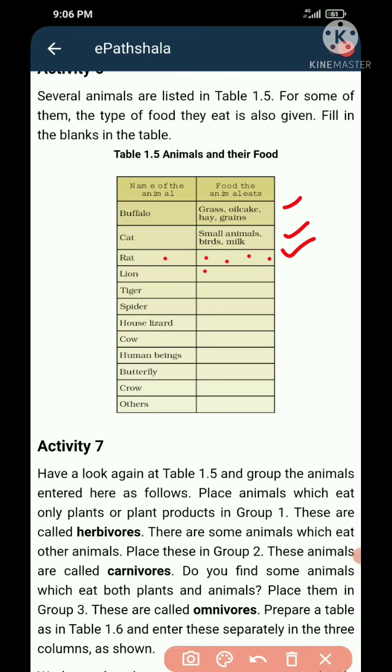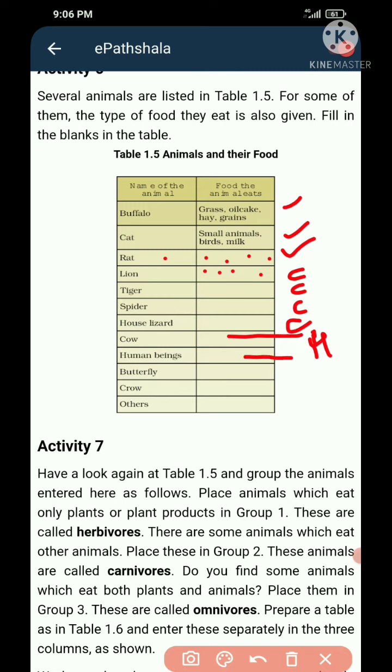Lion eats only flesh, so that's why it is carnivorous. Tiger is also carnivorous. Spider eats small insects, carnivorous. House lizard eats house flies and little insects, so it is also carnivorous. Cow is herbivorous.